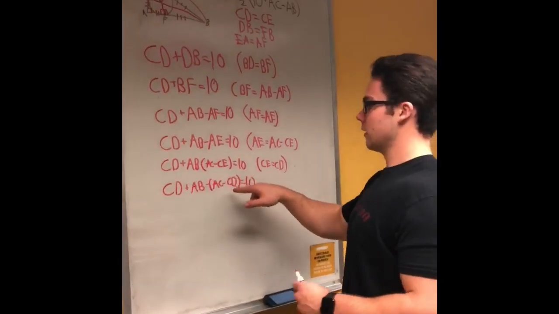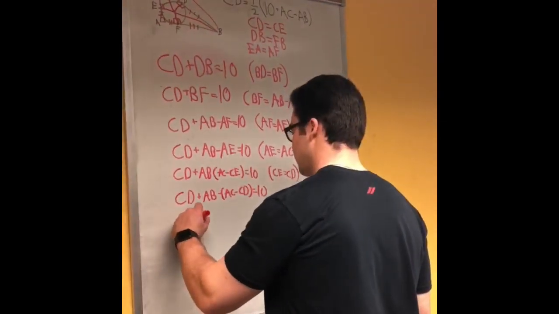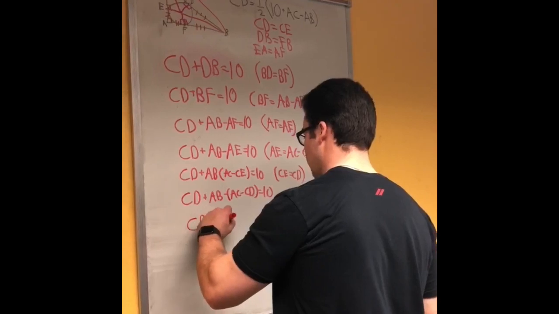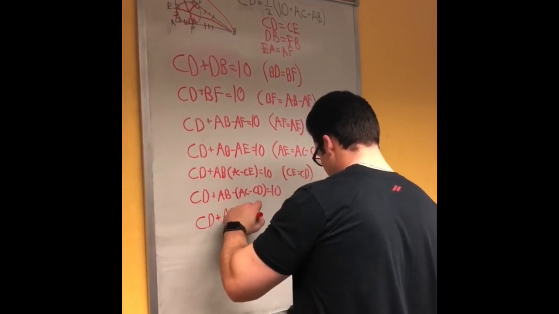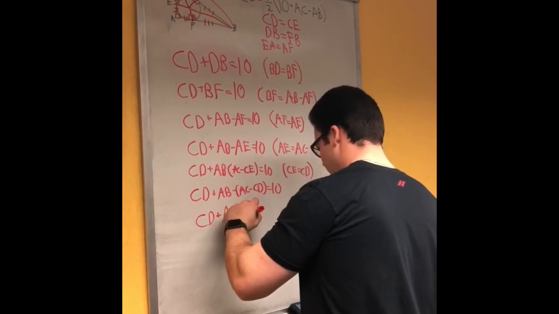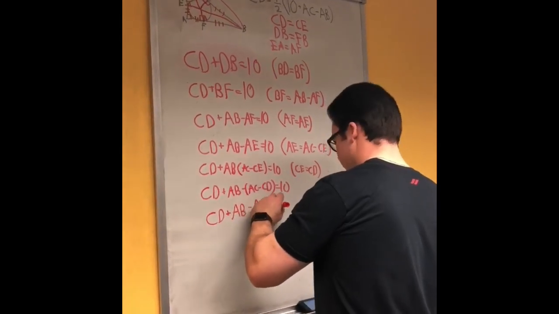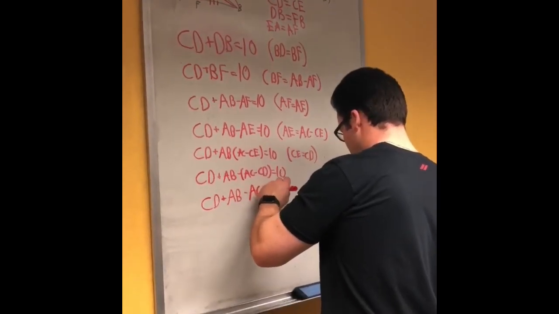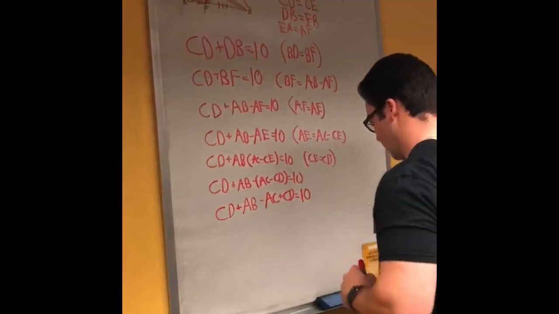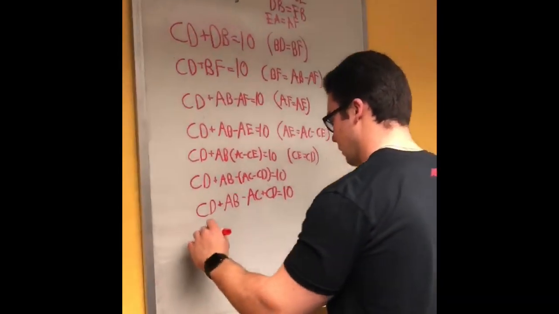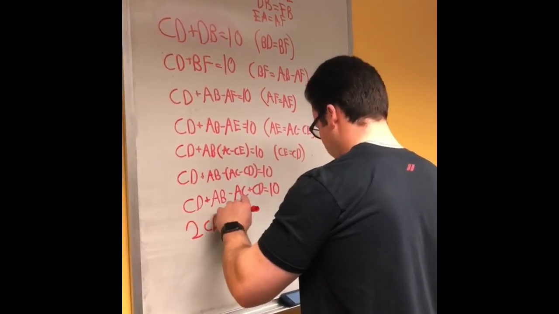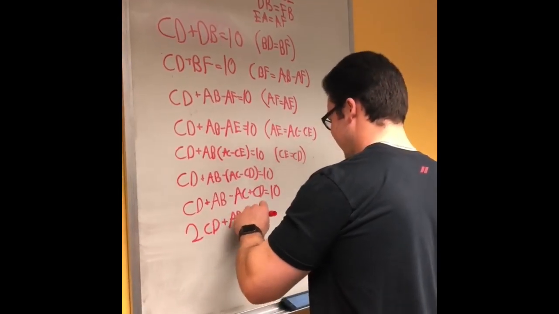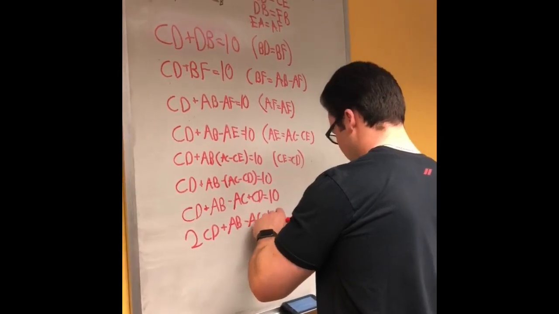We need to distribute this negative, which then will give us CD plus AB minus AC plus CD, which all equals 10. So when you simplify all this, you're going to get 2CD plus AB minus AC equals 10.